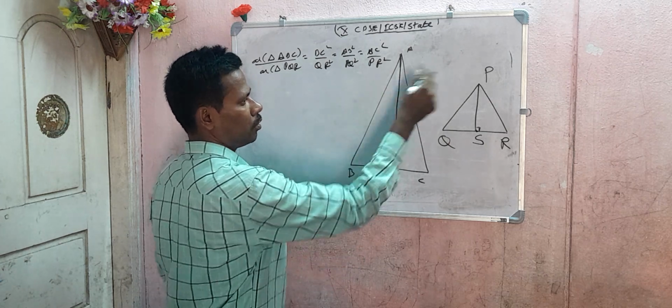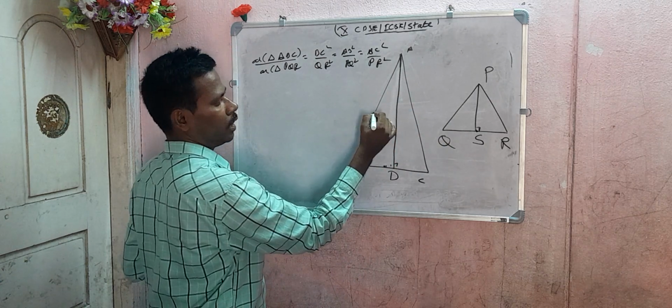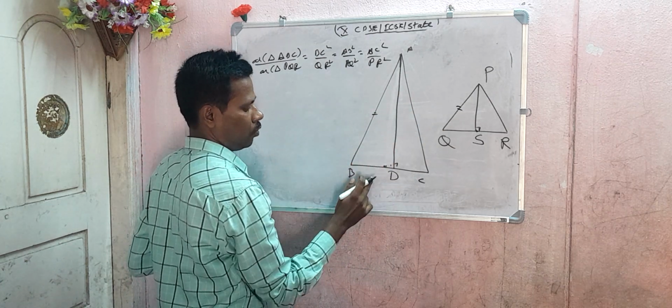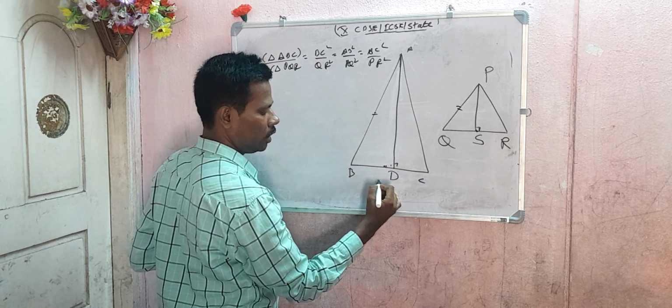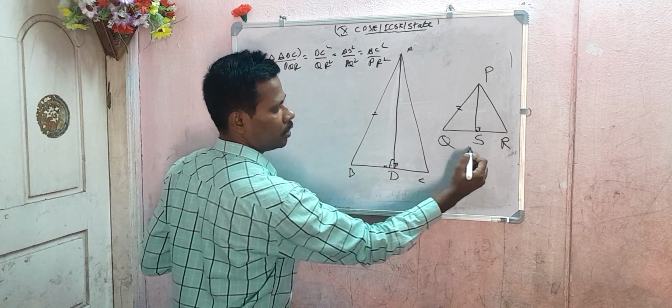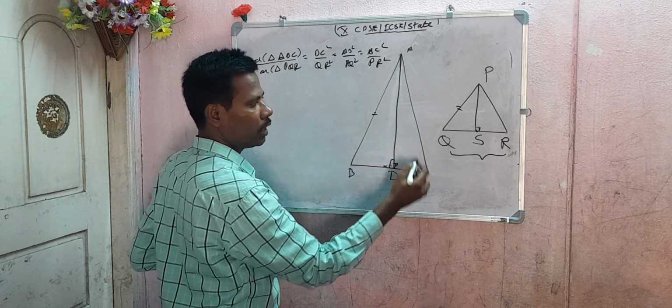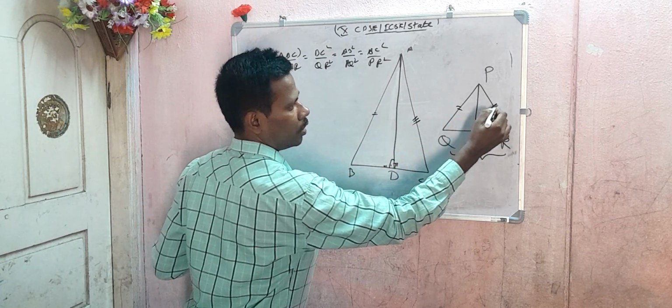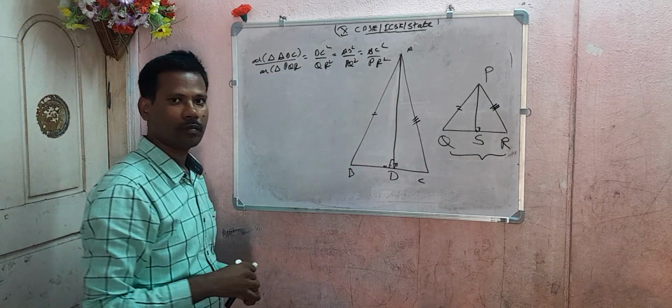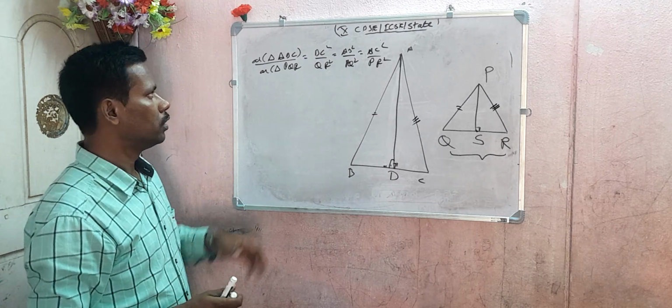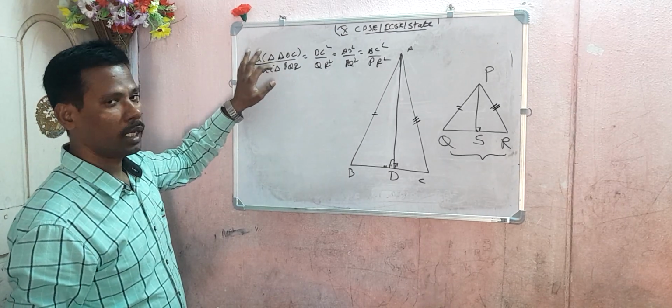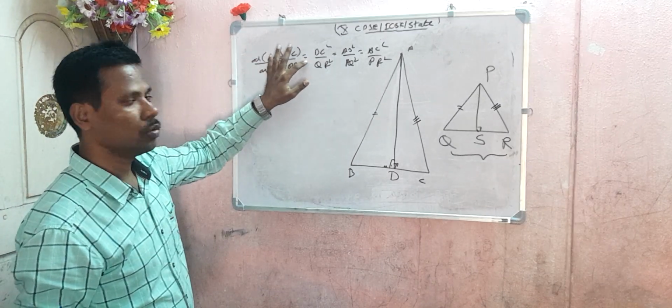That is nothing but PQ. What is the side corresponding to BC? QR. What is the side corresponding to AC? It is nothing but PR.